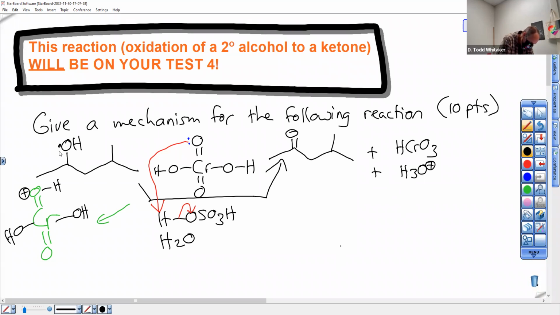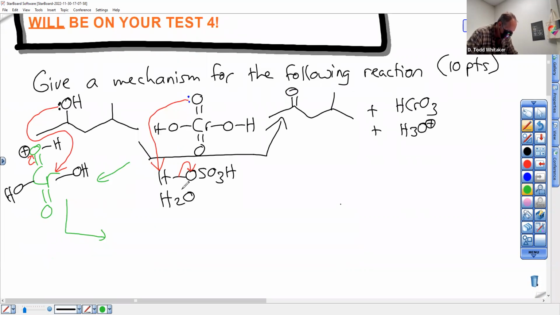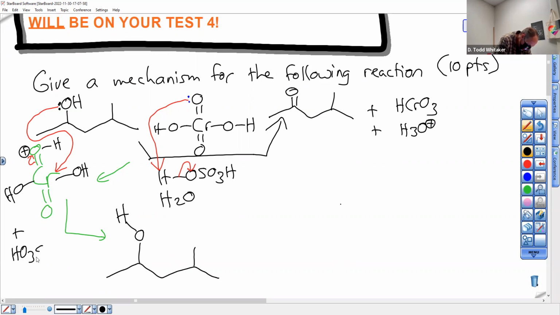Put a lone pair on the oxygen of the alcohol. It now attacks the chromium and breaks the pi. Green arrows. So we need a little room down here. Here's our skeleton. Here's our O with an H. And we made hydrogen sulfate.